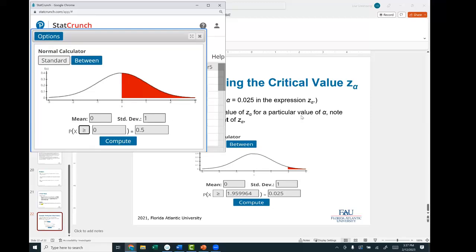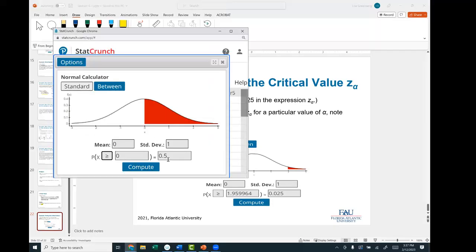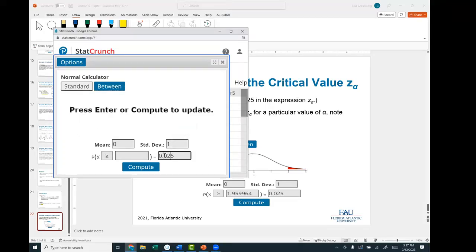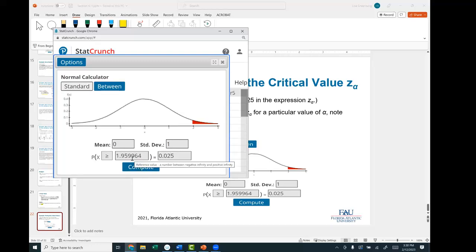But that number is my probability, okay? So this alpha is my probability, and I want to find the z-score that goes with it. So I put my probability where my probability would be. And I hit compute, and it gives me my z-score. So I can go either way.